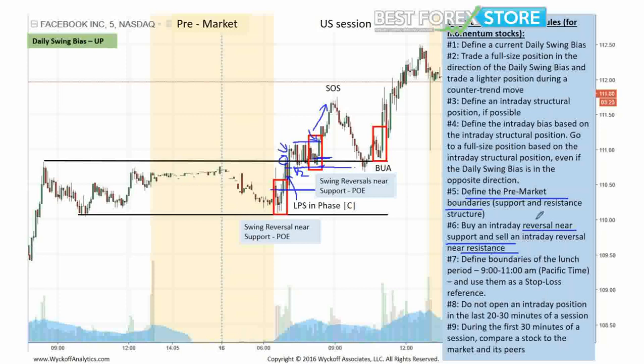So resistance and support and reversal around those areas are becoming really crucial. Okay, so now we know the rules and guidelines. Now let's go into the case study where we're going to use these rules and guidelines.